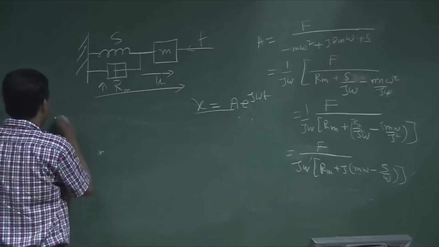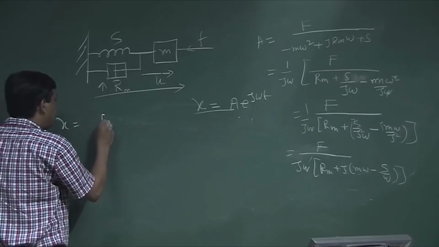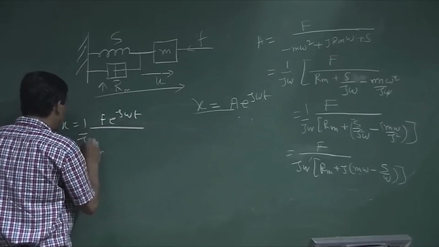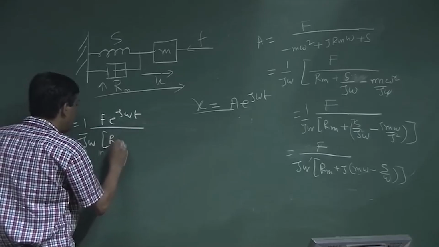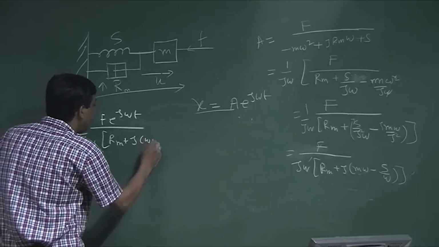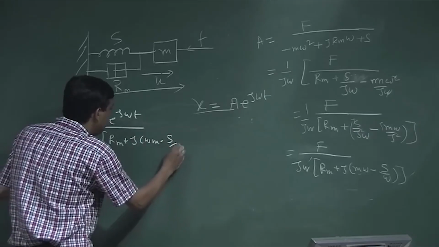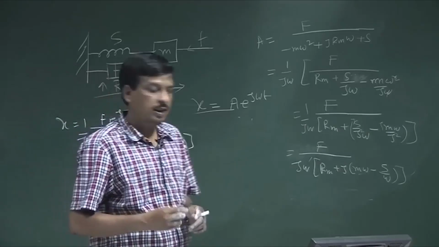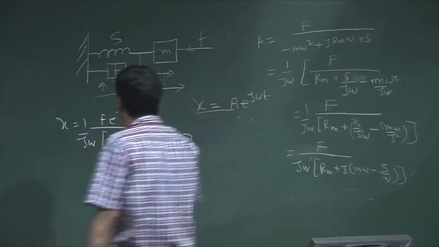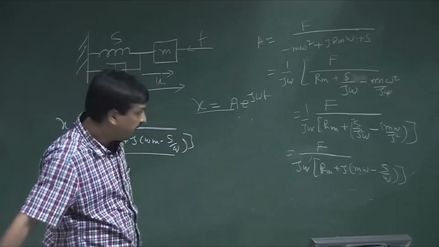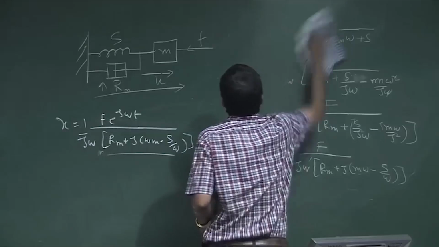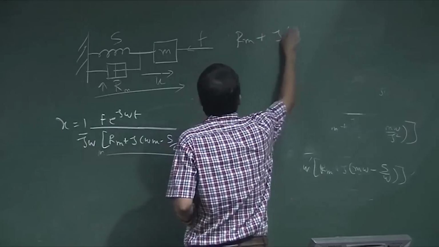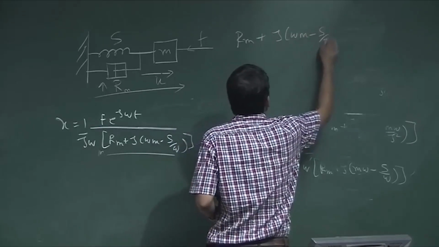So x is f into e to the power j omega t divided by j omega, into r m plus j omega m minus s by omega.